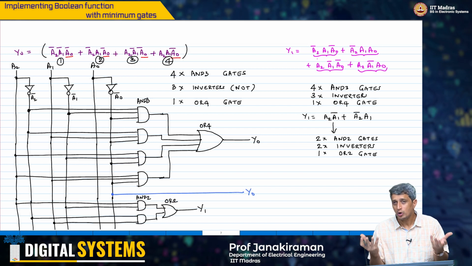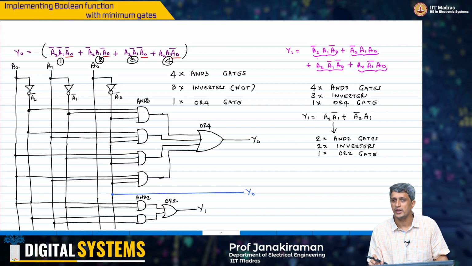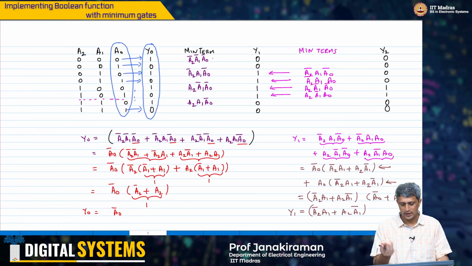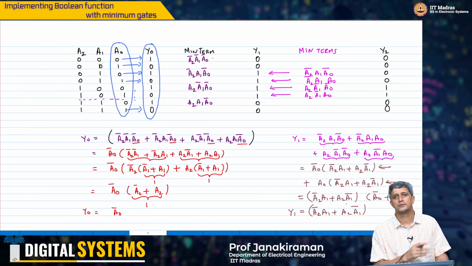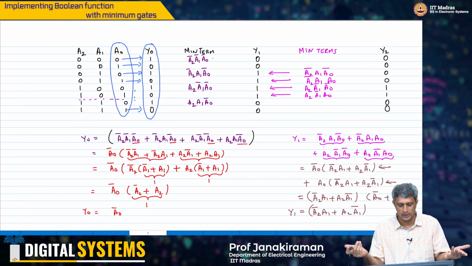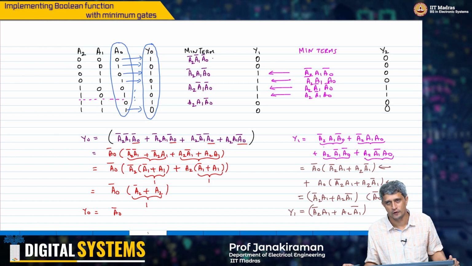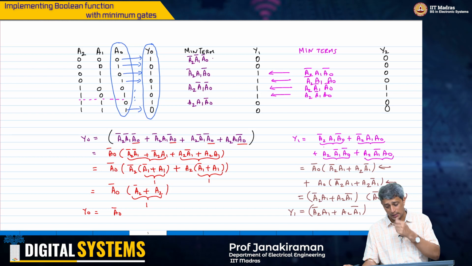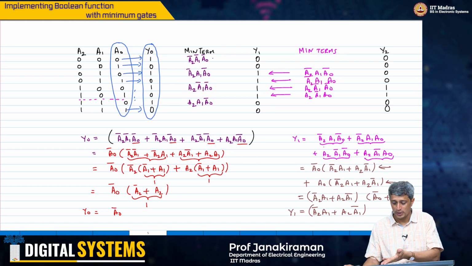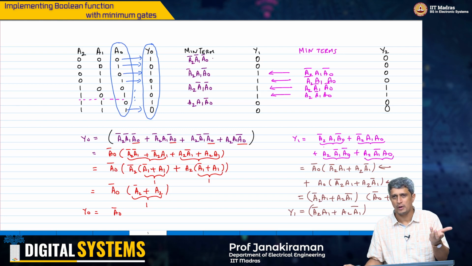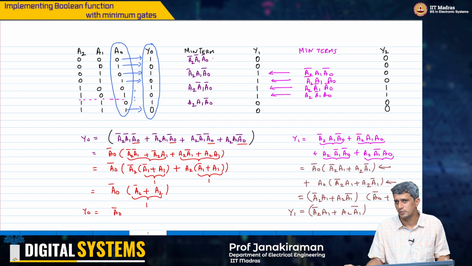That's the overall motivation for why Boolean simplification is very important. What we have effectively done is reduce it to its simplest form. Y0 equal to A0 bar is the simplest implementation; there is nothing else you can do. Y1 is basically A2 bar A1 plus A2 A1 bar, again its simplest form, with no further Boolean simplification possible.